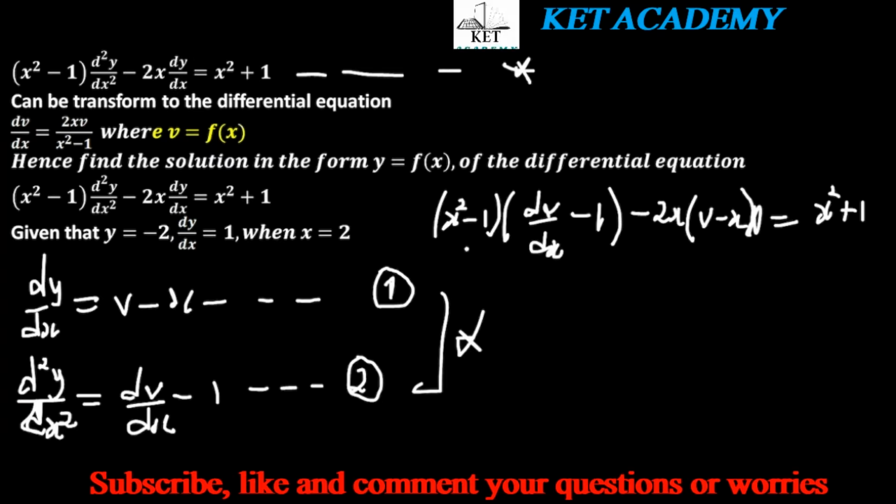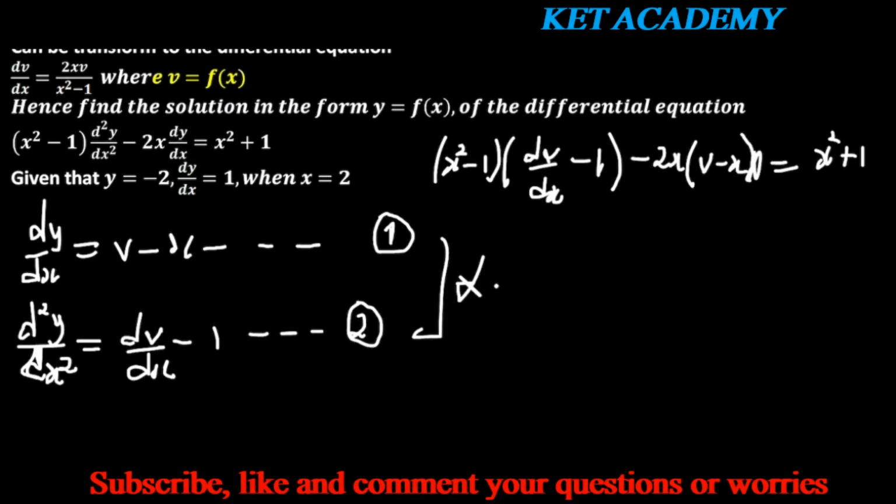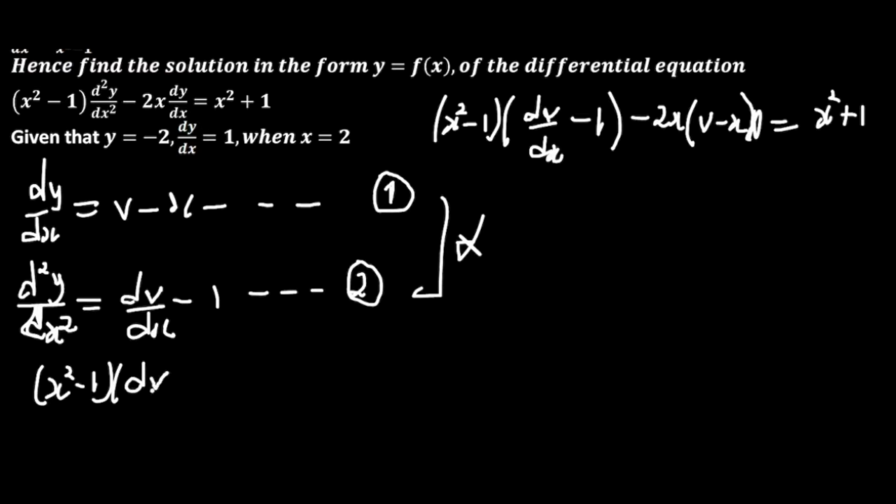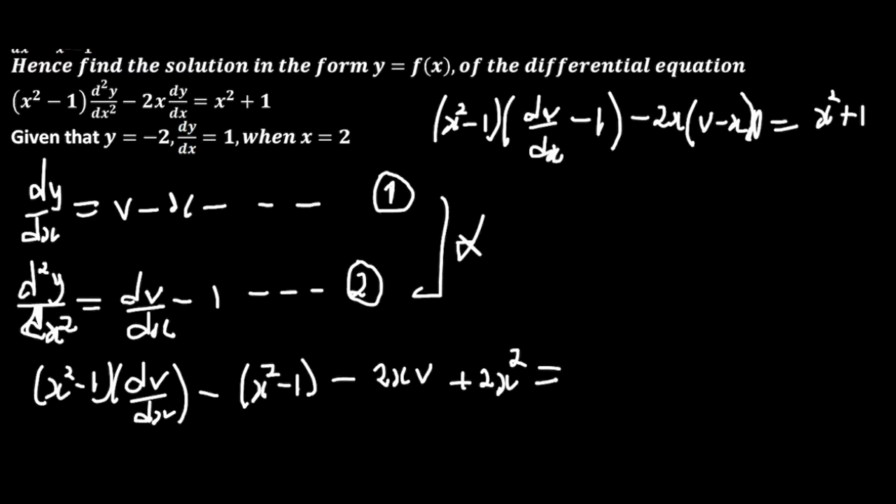So to do that, we are going to open our bracket here. We have x squared minus 1 times dv over dx, now minus in bracket x squared minus 1, minus 2xv plus 2x squared. So this will be equal to x squared plus 1.